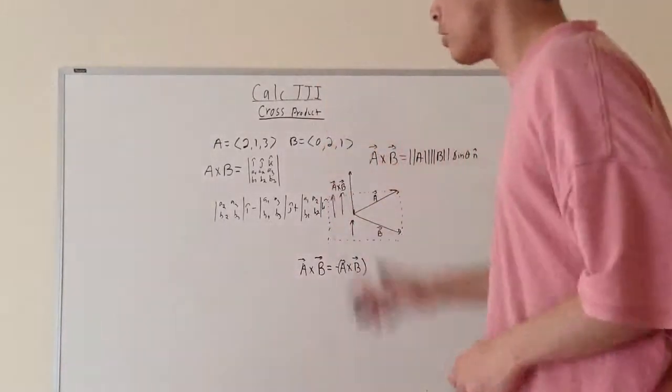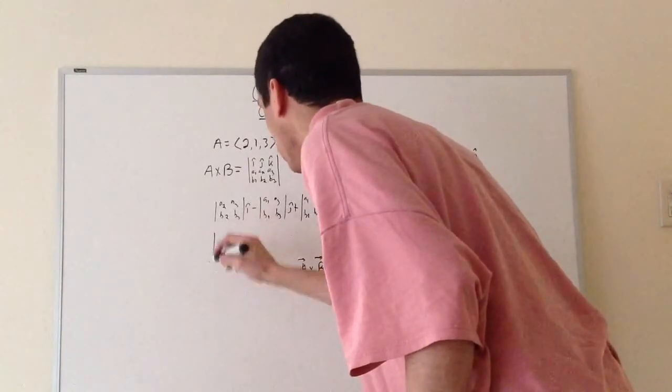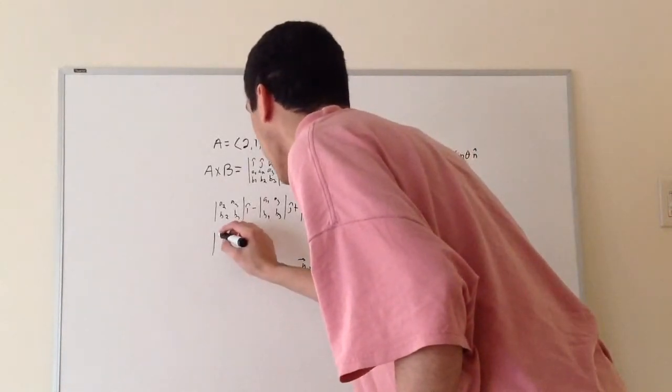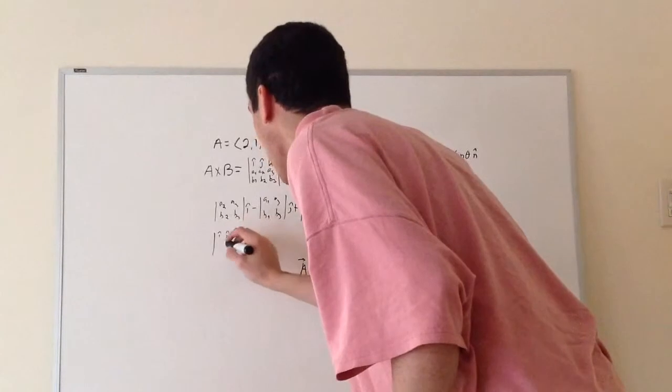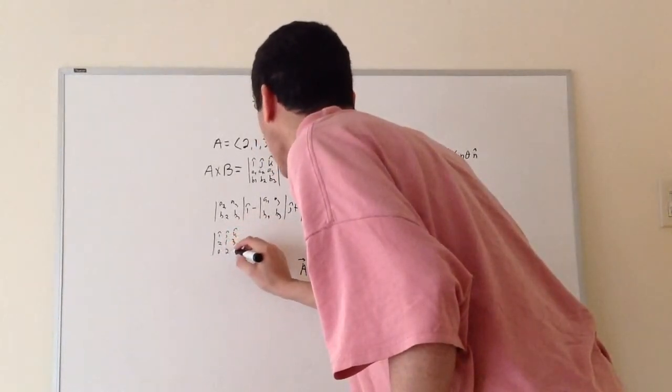To apply this to this problem, let me write the whole thing out. We have I, J, K, and then 2, 1, 3, 0, 2, 1.